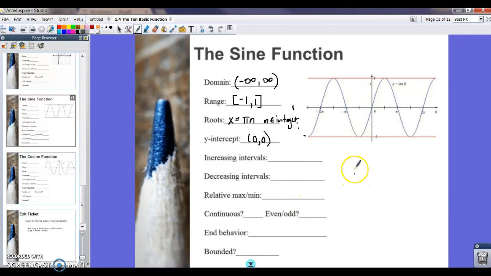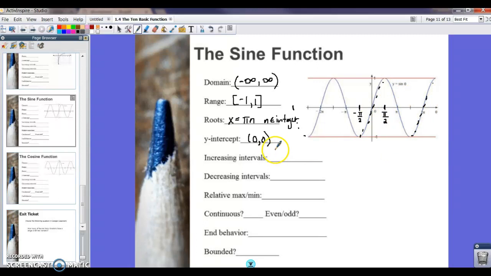And our increasing interval. If you look at our graph, if from here to here is pi, halfway is pi over 2. So this halfway would be -pi/2. So I'm increasing from here to here, and then I do that again here, and that goes cyclically. It is constantly increasing in those intervals.